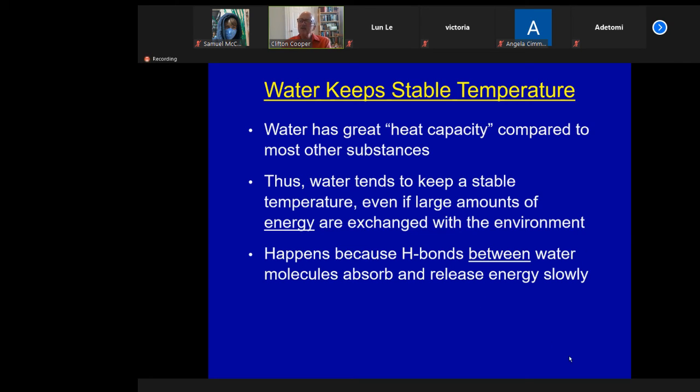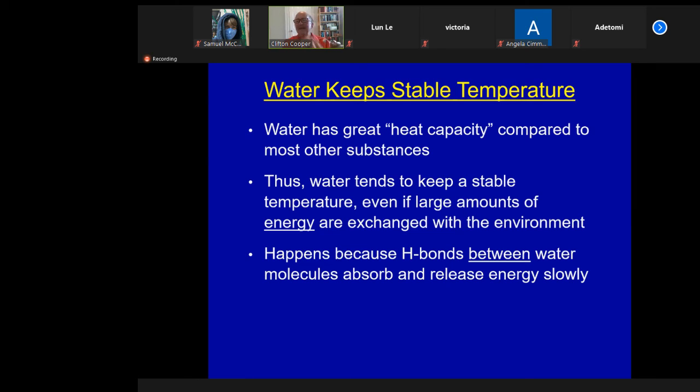And that's because of all those hydrogen bonds. Remember, each water molecule has about 4 bonds with its neighbors, and it's a whole network of these connections that are able to absorb a large amount of energy without the water molecules really moving much faster. And temperature is an expression of how fast the molecules are moving around and banging into stuff.